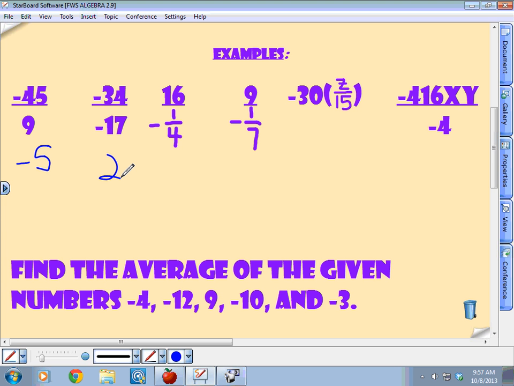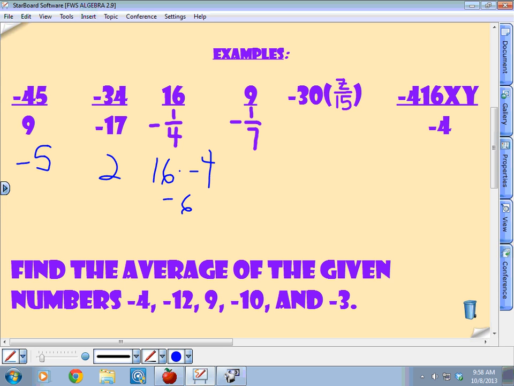Shay, 16 divided by negative 1/4. Yes, negative 4. Let's show people how we got that, though, because not everybody can do that in their head. Notice 16 times the reciprocal, so it's 16 times negative 4, because the reciprocal of 1/4 is 4 over 1. That's 16 times 4, which is 64.